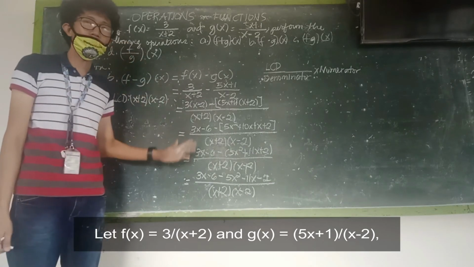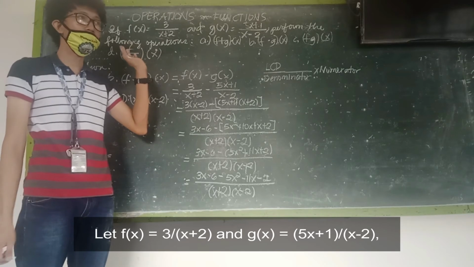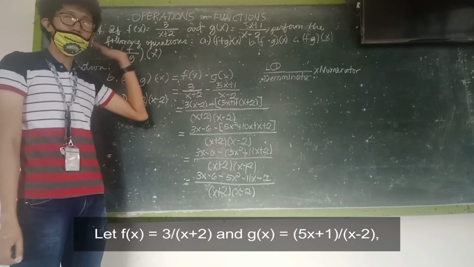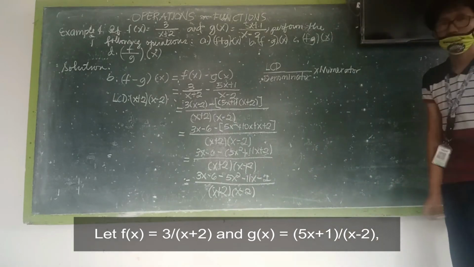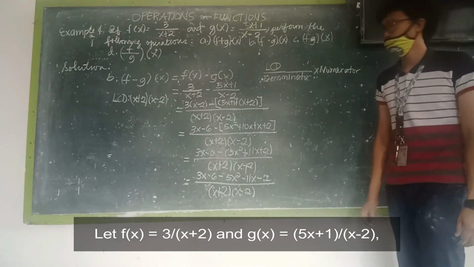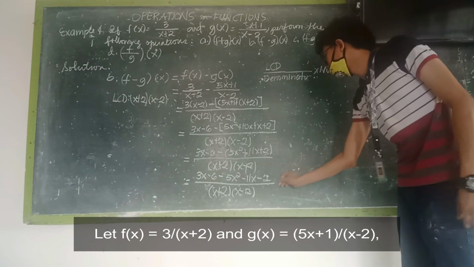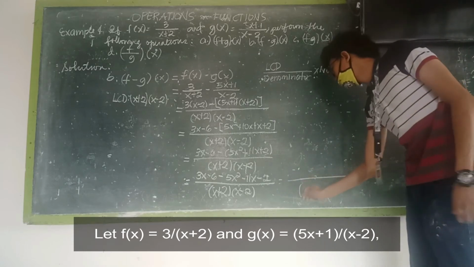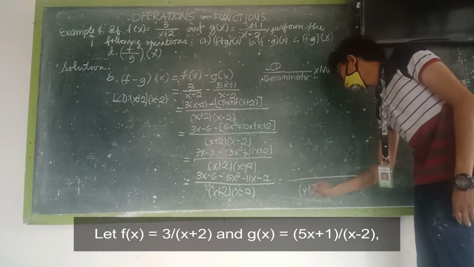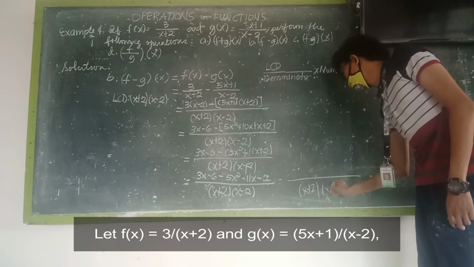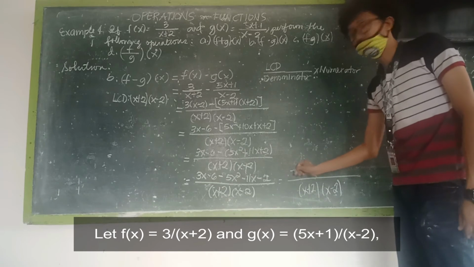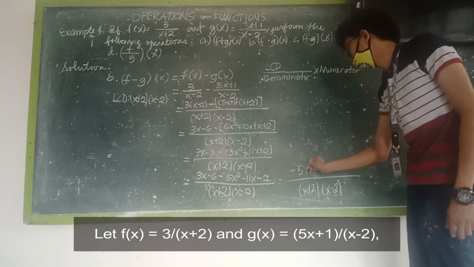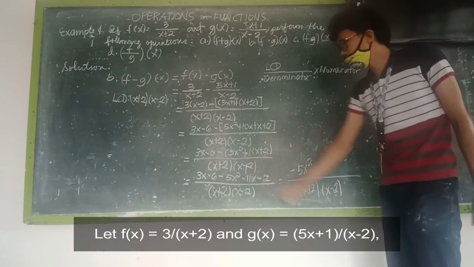After which, i-rearrange natin in descending order, so from highest exponent to the lowest exponent. So, magiging x plus 2, x minus 2 sa denominator. So, we have negative 5x squared, since siya lang naman ang nag-iisa.